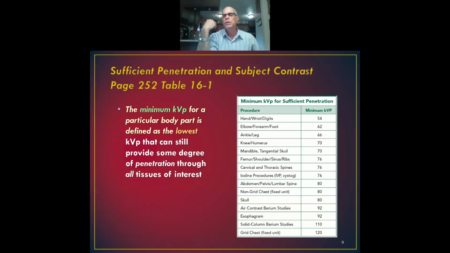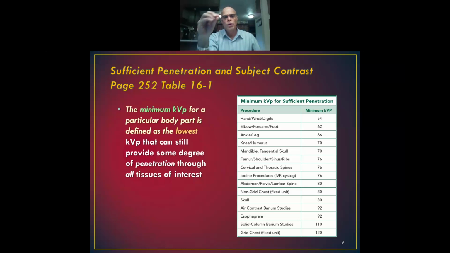But when we get into the DR system, that is where it really wants us to incrementally change these kVPs to higher levels. So by adding at least a minimum of 10 for a hand, a wrist, or digits, we'd use 64, because the digital system prefers the higher energy.